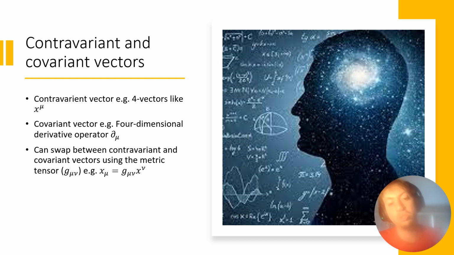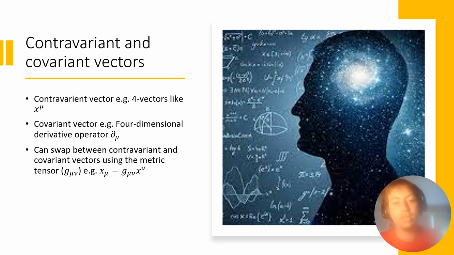And then we have to have some way of being able to swap between contravariant and covariant vectors, because in the algebra which one uses in quantum field theory and in general relativity, there are covariant and contravariant vectors popping up all the time.